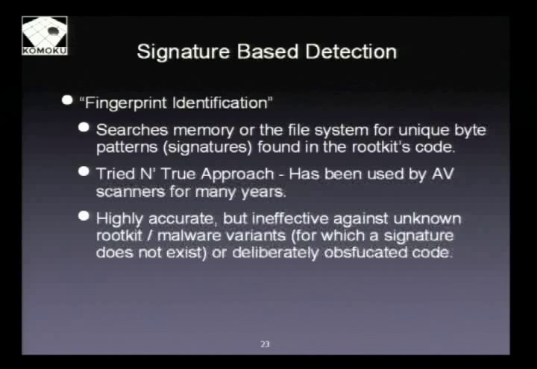The other approach that we're all pretty much familiar with is your standard signature-based detection techniques. This searches the file system or memory for a database of signatures. Your detection capability is only as good as your signature database, and obviously there's a lifetime associated with that.